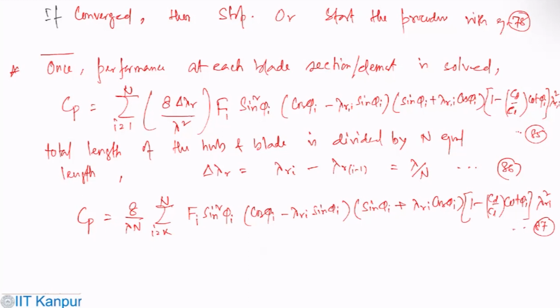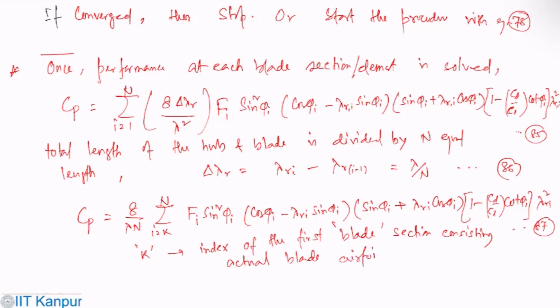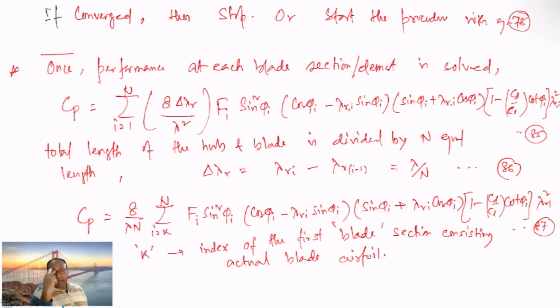So where k is the index of the first blade section consisting of the actual blade airfoil. Essentially you need to have the actual blade section which will have this data.